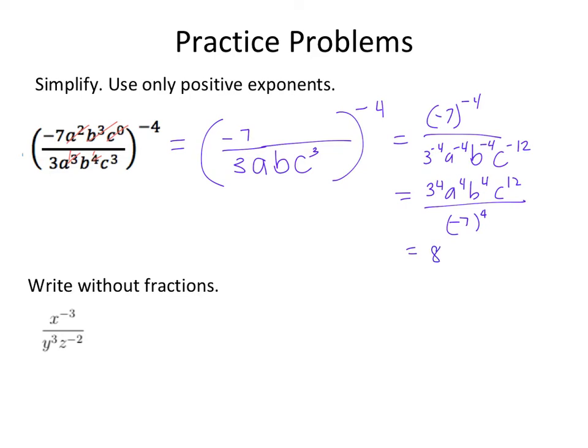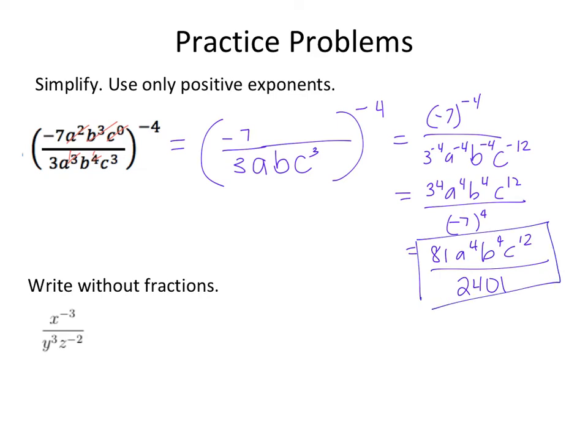So we have 81, a raised to 4, b raised to 4, c raised to 12 over negative 7 raised to 4. This actually becomes negative 7 times negative 7 times negative 7 times negative 7. So that'll be a positive number. And this actually comes out to 2401.